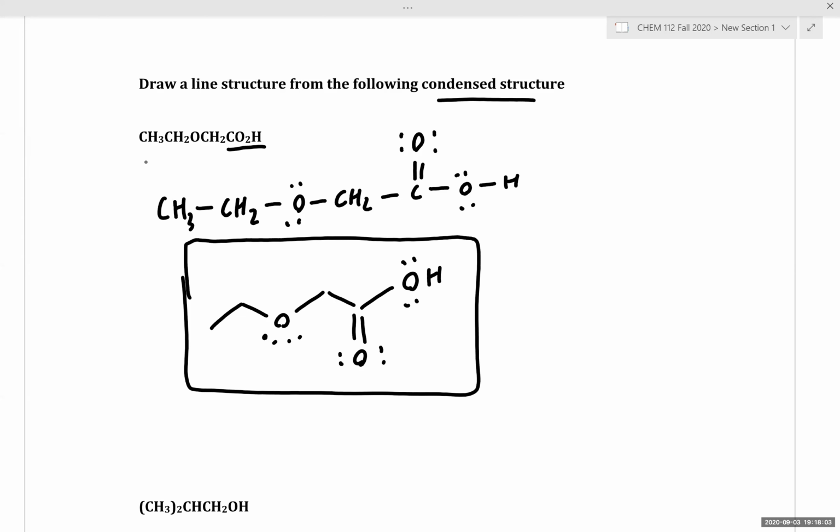Is it common to end up with a stereoisomer if you started with a down line instead of an up angle line? So in terms of stereoisomers, stereoisomers occur when you have a carbon with 4 different substituents. So in this case, we do not have any stereocenters.